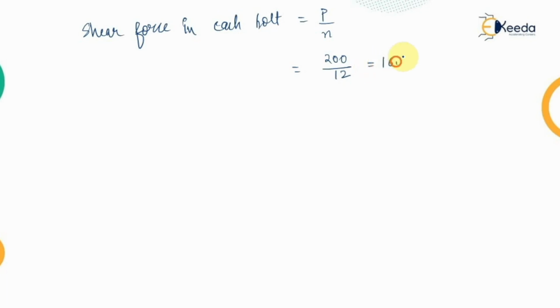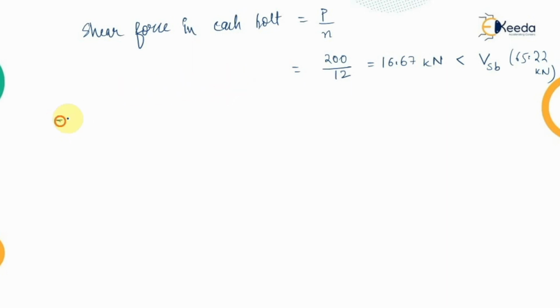So from here the relation that we are getting is 16.67 kilonewton, which is less than the design shear strength of the bolt, which is given by 65.22 kilonewton. So that means, as we can see, the bolt is safe in both the tension and the shear because it is having the capacity more than the forces which are coming onto this connection.